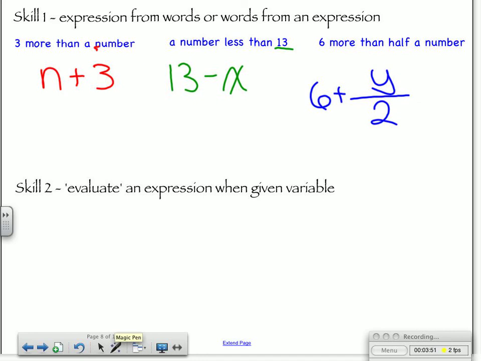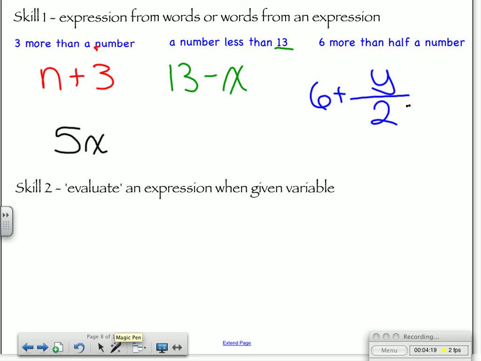So your first skill is that you can take words and make these expressions. You also work the other way. If I was to give you an expression, like, what did we work on? Oh, we haven't done multiplication. We need to see that. If I give you an expression like 5x, this is a new thing too. We're writing division like this now. We're writing multiplication like this. This means 5 times x.